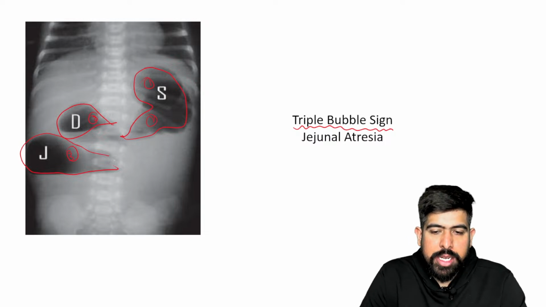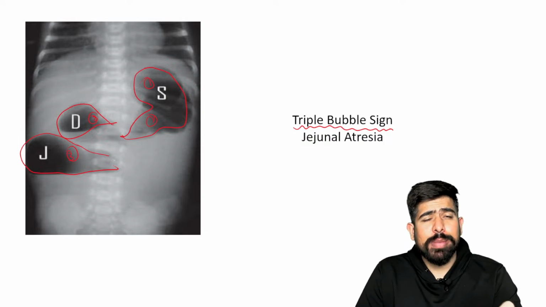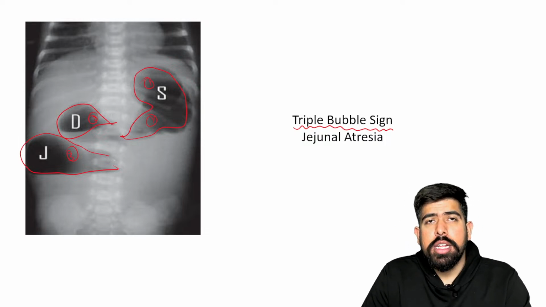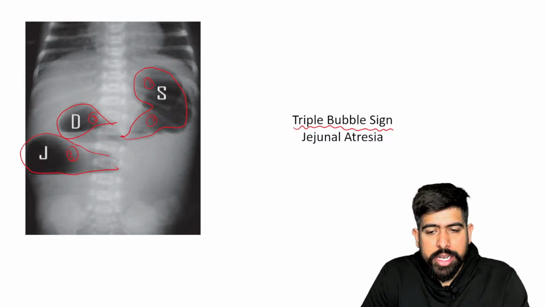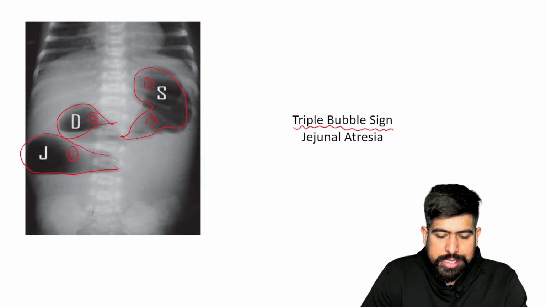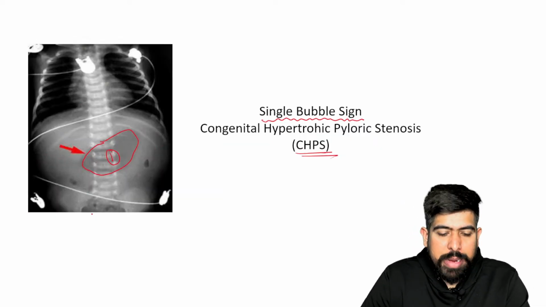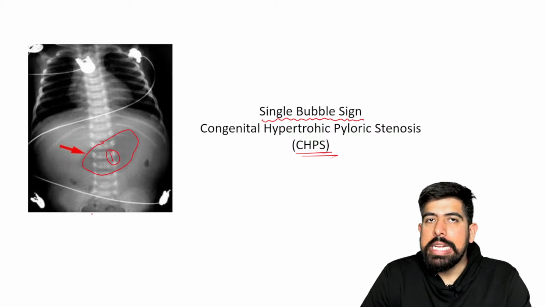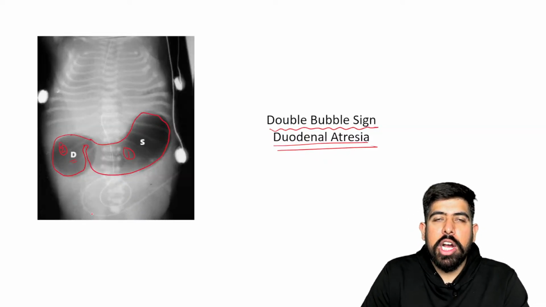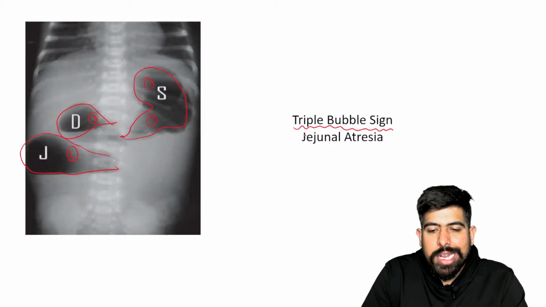So please remember, in one table, please mention this. The single bubble sign is congenital hypertrophic pyloric stenosis. The double bubble is duodenal atresia, and the triple bubble is jejunal atresia.